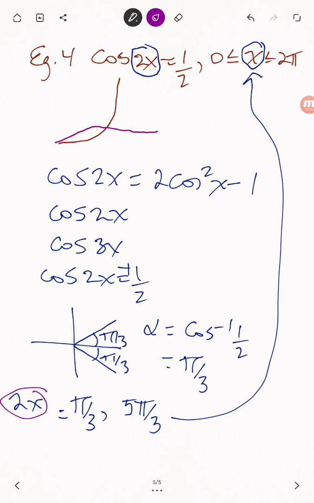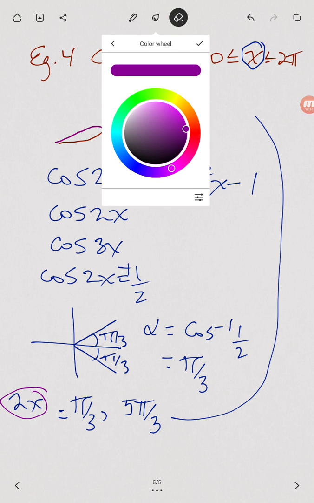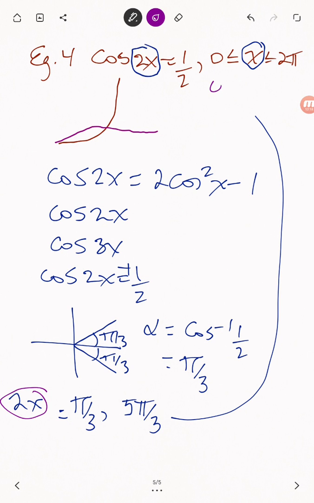So we'll change that up here by multiplying everything by 2. 0 stays 0, x becomes 2x, 2 pi becomes 4 pi. So what we really need to know is the domain for 2x, and that is 0 to 4 pi. So how does that affect us down here?